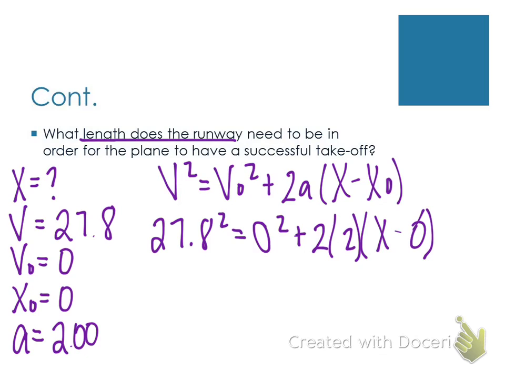Okay, and since this is x minus 0, we don't need to include that 0 really. Since our initial position is 0, we can leave that out. Okay? So I'm going to go ahead and take 27.8 squared. That gives me 772.84 equals 4x.